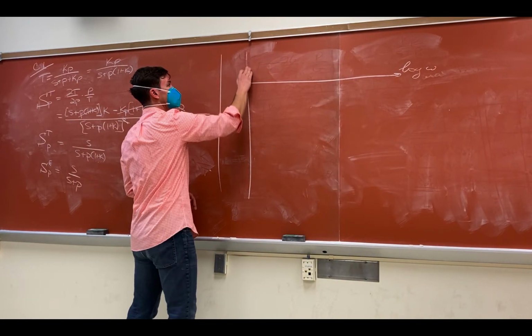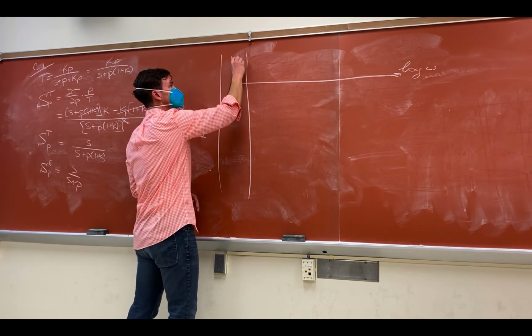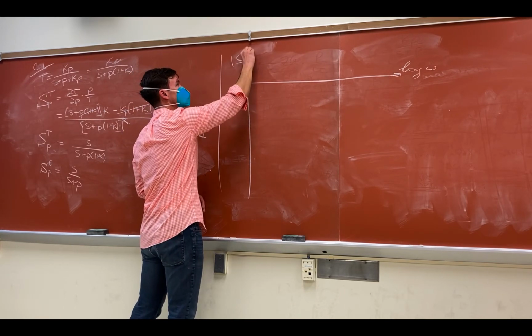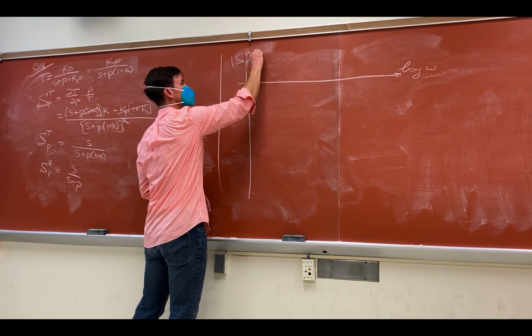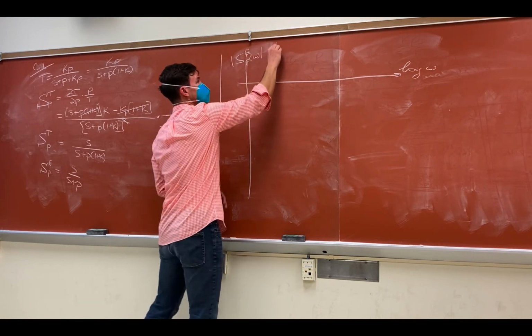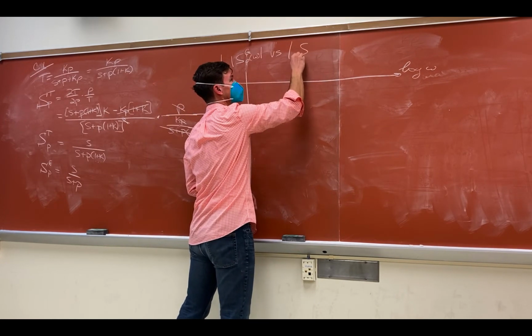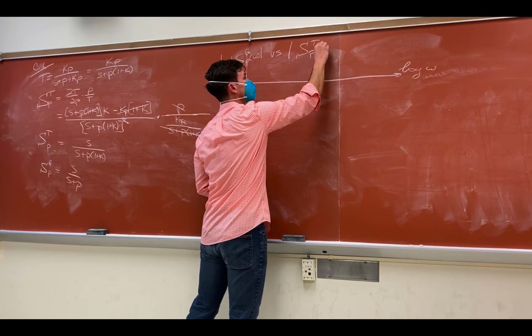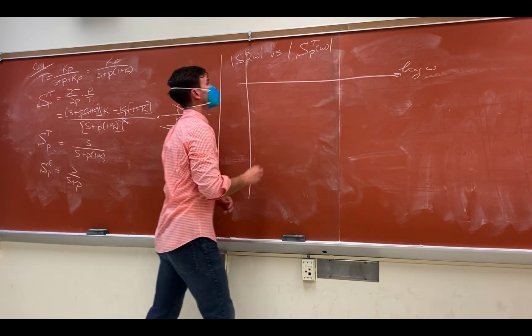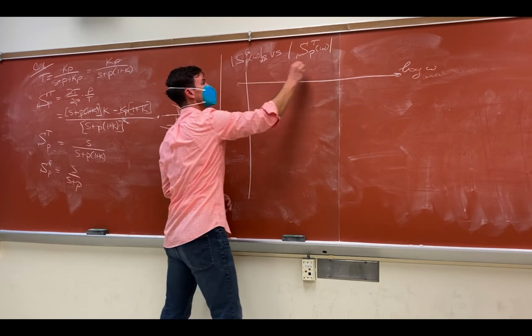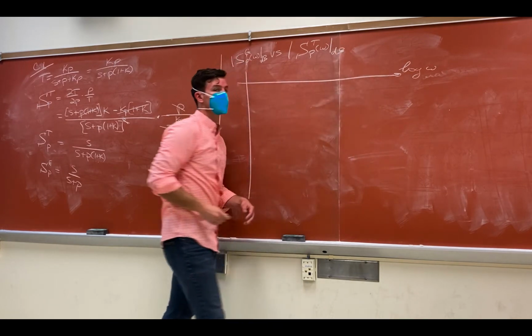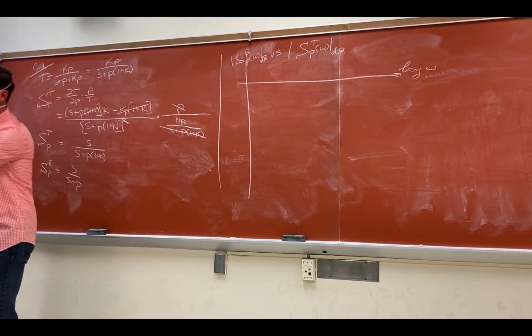And we're going to look at the magnitude of the open loop sensitivity as a function of omega versus the magnitude of the closed loop sensitivity as a function of omega, in dBs both. Which is why we need the frequency response.